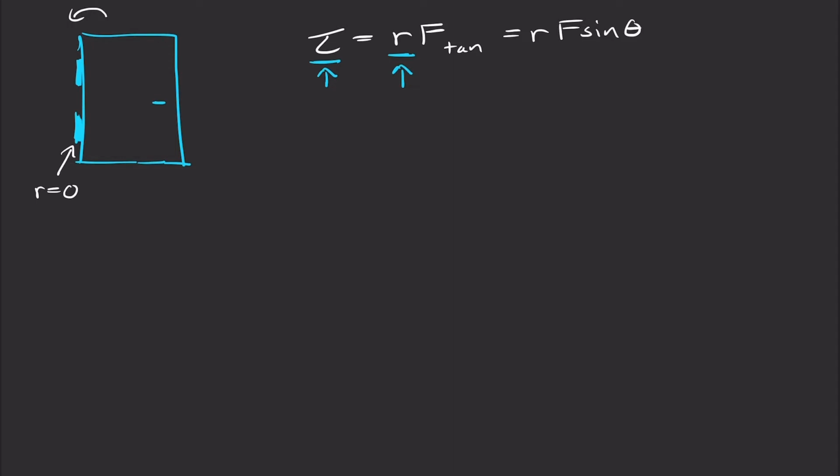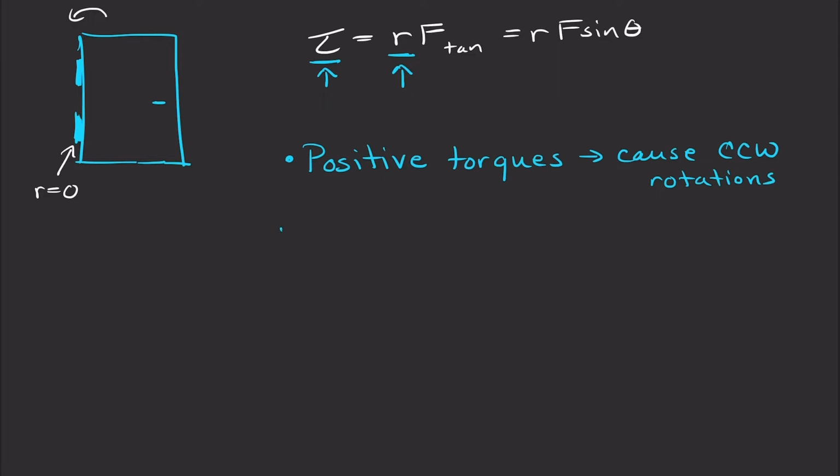The last thing you need to remember is the directions. Just like anything in rotational motion, positive corresponds to counterclockwise. So positive torques will cause counterclockwise rotations. Negative torques will cause clockwise rotations.